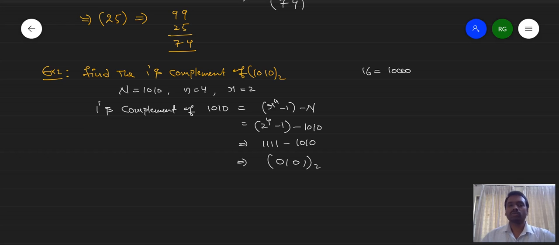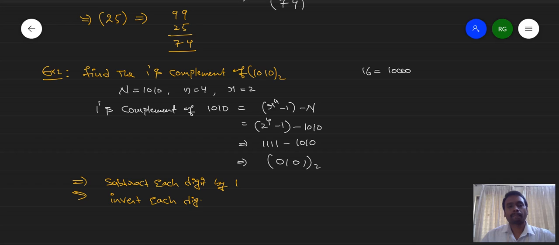In other words, by the shortcut, you can subtract each digit from 1, or you can also simply invert each digit.